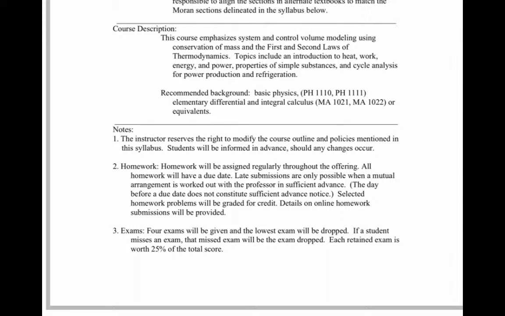I'm going to give 4 exams. I don't have a specific date on the exam because this is an online course, and I have to see how it does flow, how the interaction between you and I exists, before I can continue to explicitly state the date. But given that there are 4 exams and there are 7 weeks to the course, approximately every week and a half we will have an exam.